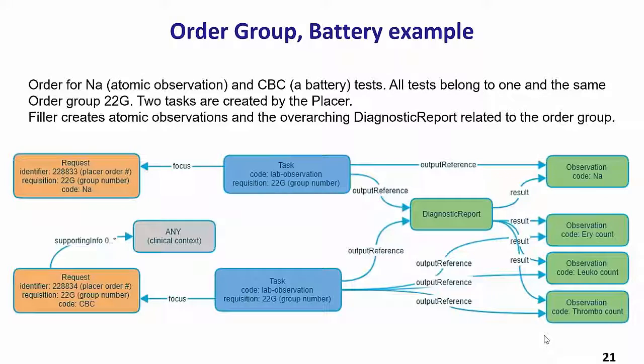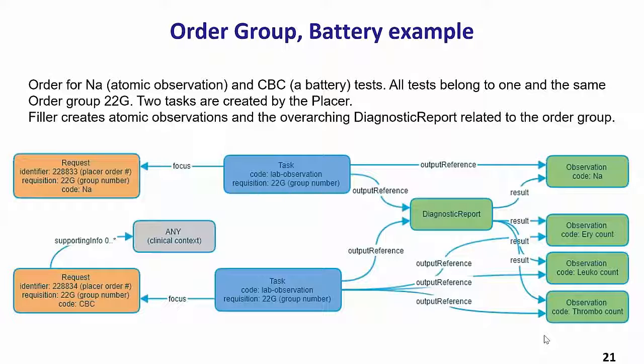Now here we have an example showing the order. On the left-hand side we see two requests, the first one for sodium and the second one for a battery CBC, that's a complete blood count, a predefined battery, and then we see the two tasks, and the two tasks have output references in the form of the observations. Those are produced as a result of the task which is being performed.